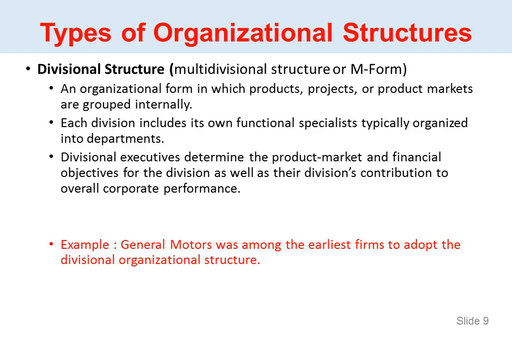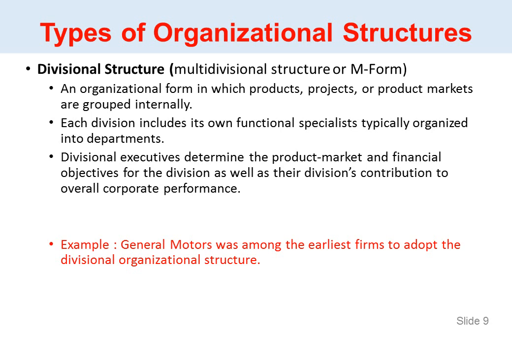The next type of organizational structure is the divisional structure, sometimes called the multi-division structure, or M4. A famous example of such a divisional structure is General Motors.